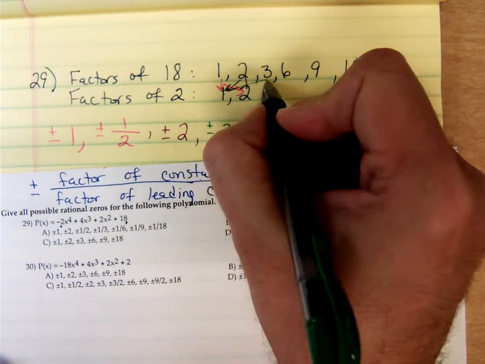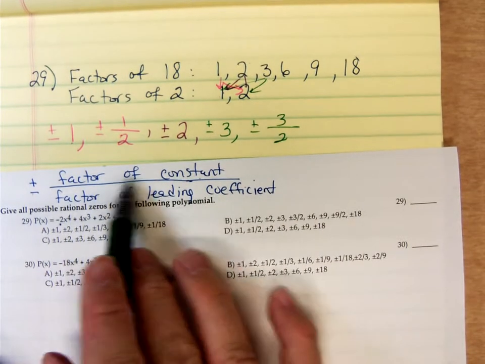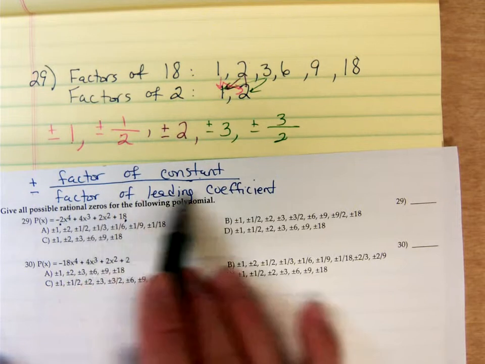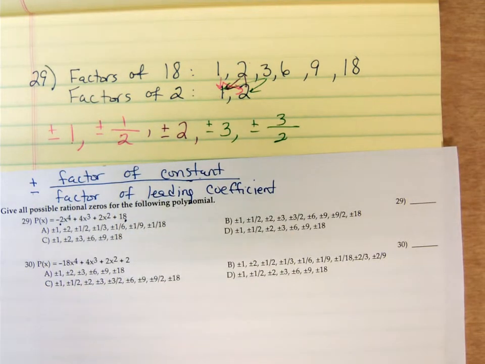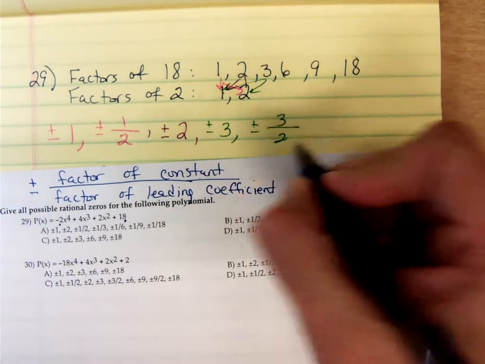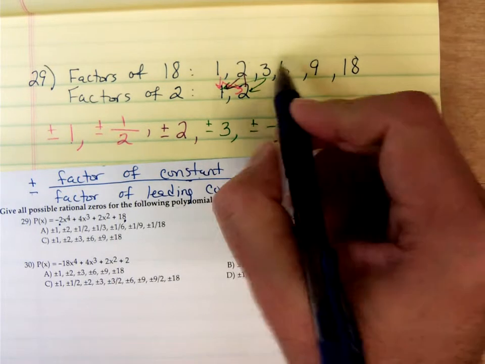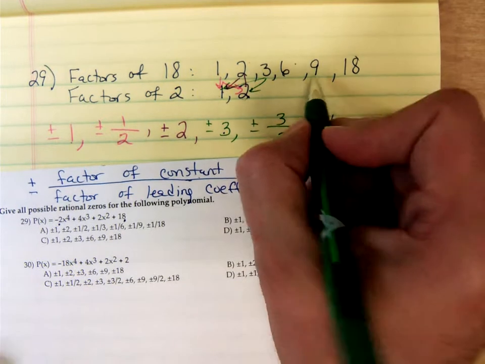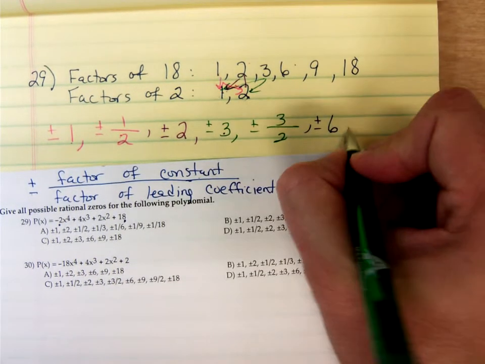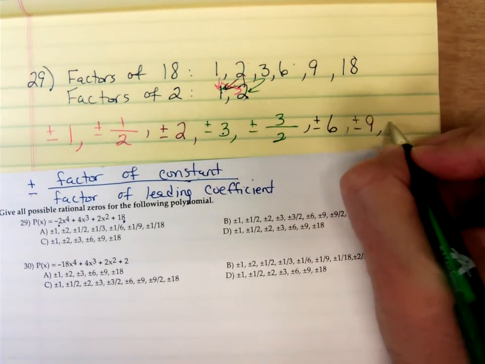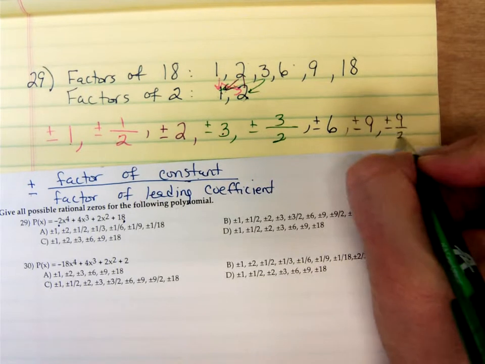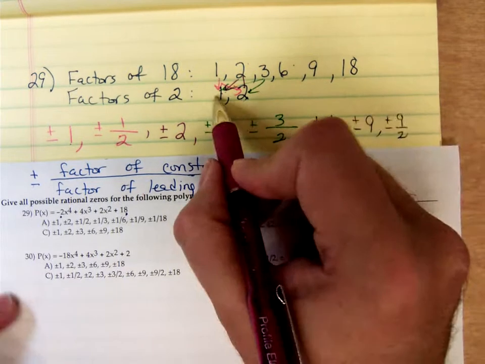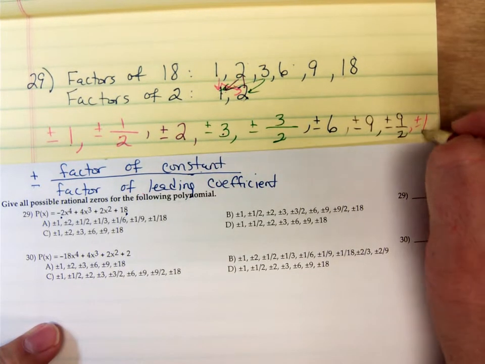I'm taking every factor of the constant over factors of the leading coefficient. Let's see, we have 6 over 1. 6 over 2 we've already listed as 3. 9 over 1 is 9. 9 over 2. And finally, 18 over 1. 18 over 2 is 9. We've already listed it.